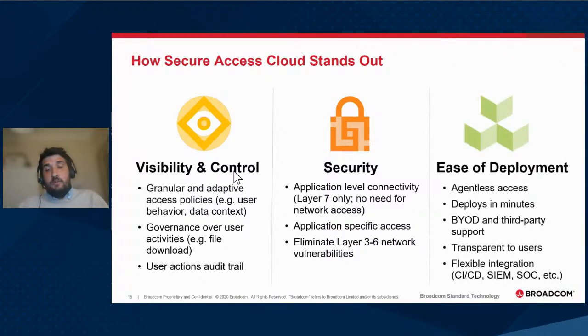And finally, something that is really good, and I didn't say before, is that we don't need any type of agent. So if we want to deploy this solution, it is really easy. We don't have any impact on the business of your company or the customer, and also it's transparent to the user. They don't know that they don't have access to all the resources of the company.